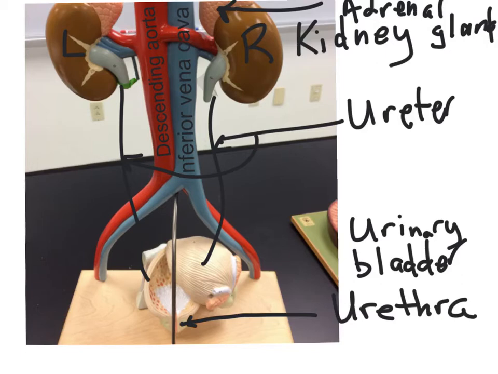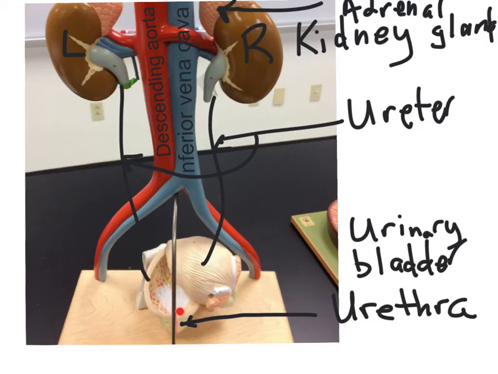Okay, now what we're going to look at here is your urinary bladder structure, and there are 3 urinary bladder structures we ask you to know. That is going to be the trigon, the detrusor muscle, and transitional epithelium. Now, real quickly, if you look at the opening here, probably the easiest structure to see is this white triangle here.